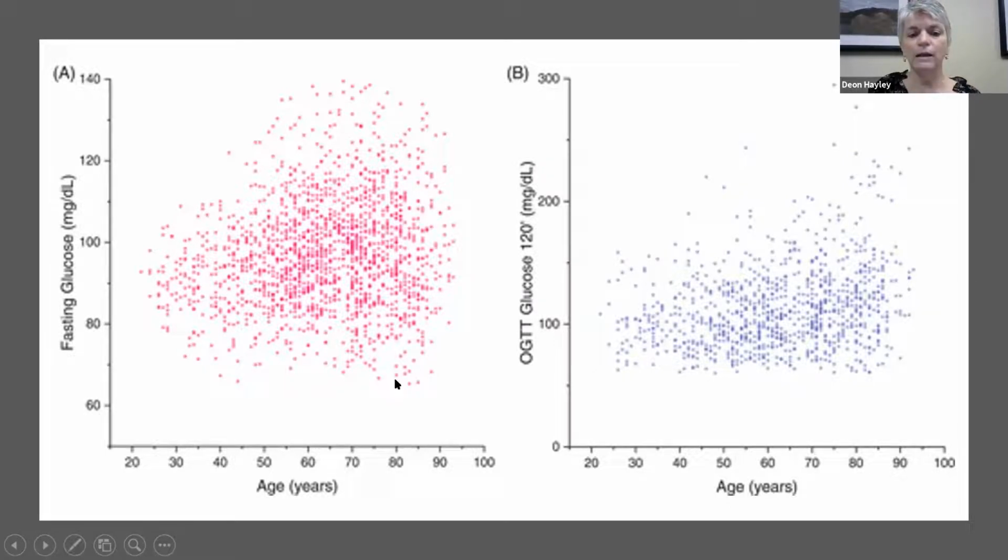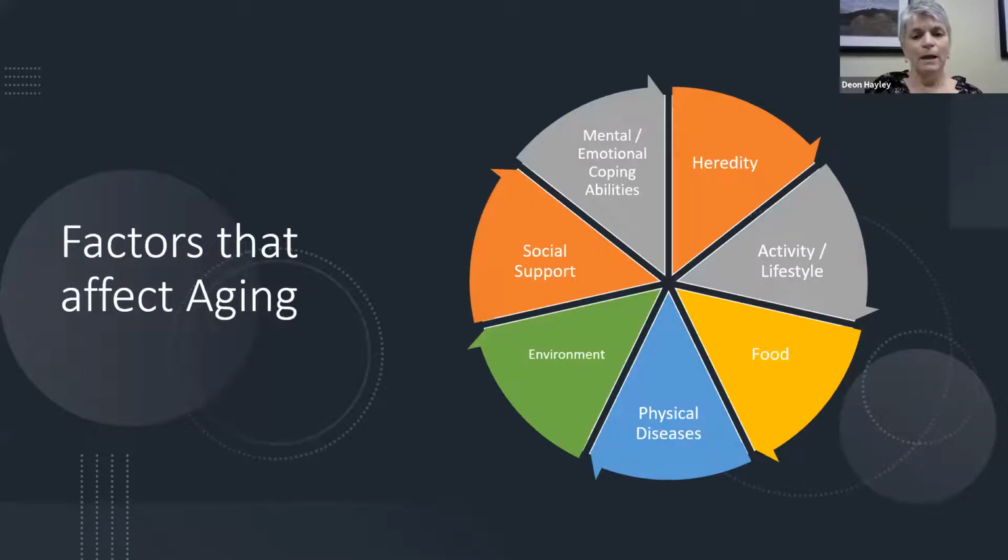But as you get to 80, normal blood sugar runs from about 65 to 130. So it's just a broader range of what is normal. And that not only happens in every organ system, but each organ system is different. So individuals are more different as they get older. It's kind of cool. This is pretty logical.